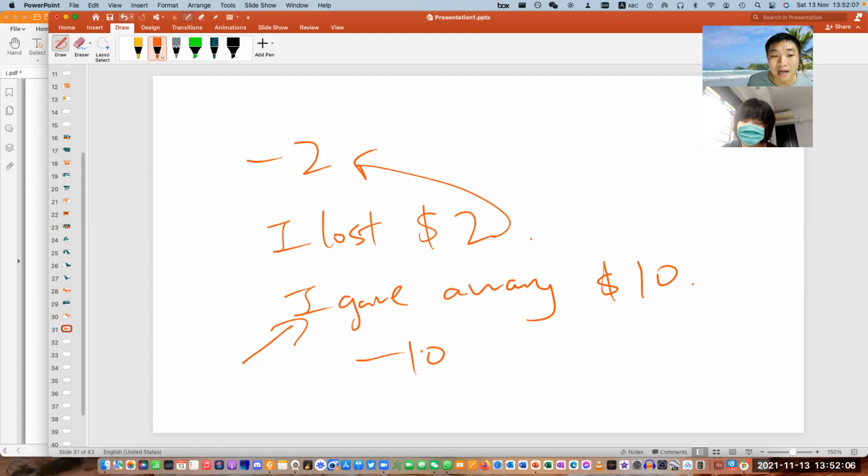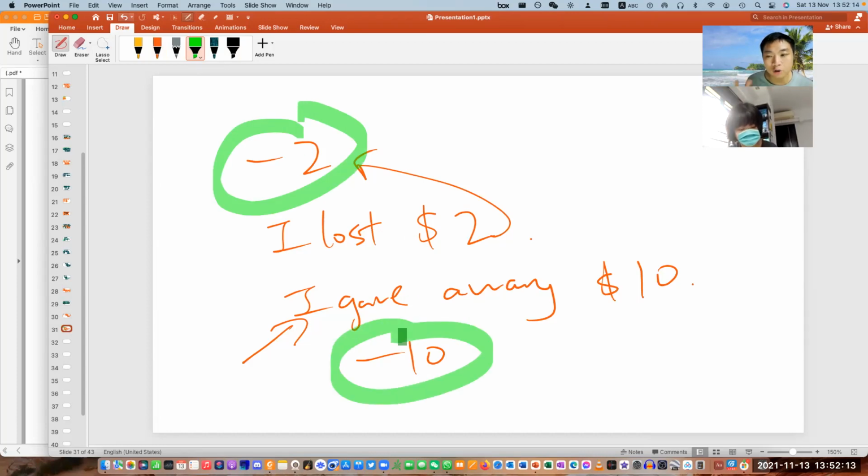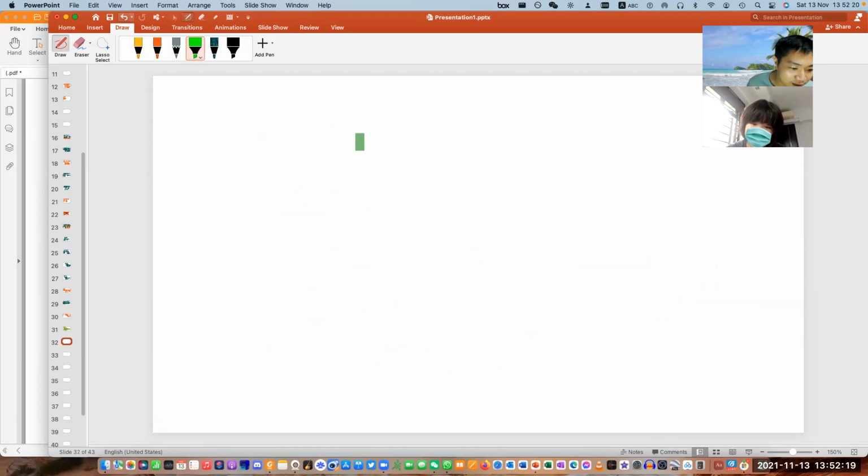Okay, so like I say, when we learn about mathematics, now you have more tools to represent a statement. So when you have -0.5 and when you have -1, right? So let's say you start with $2.